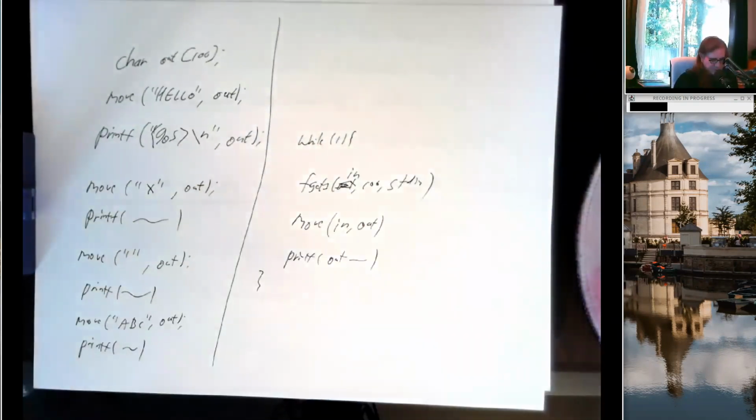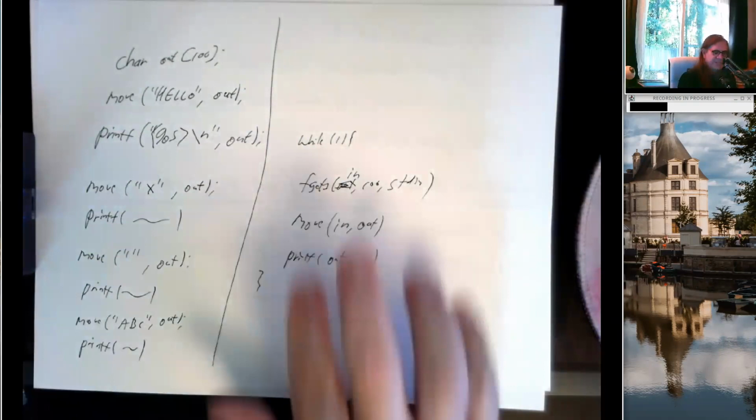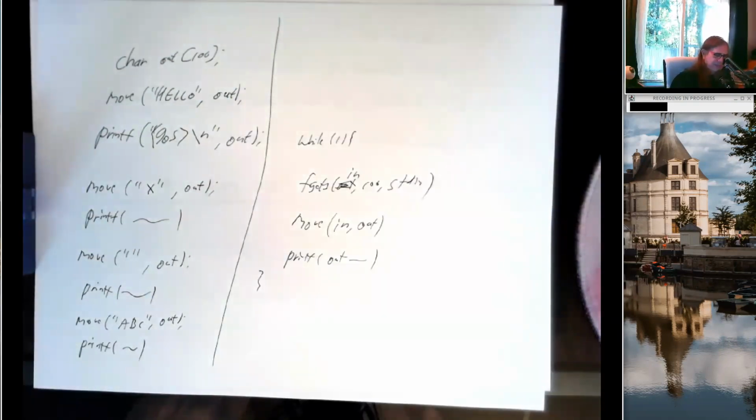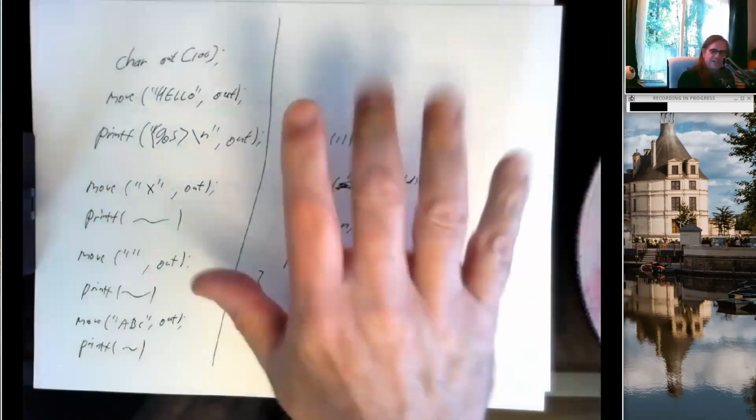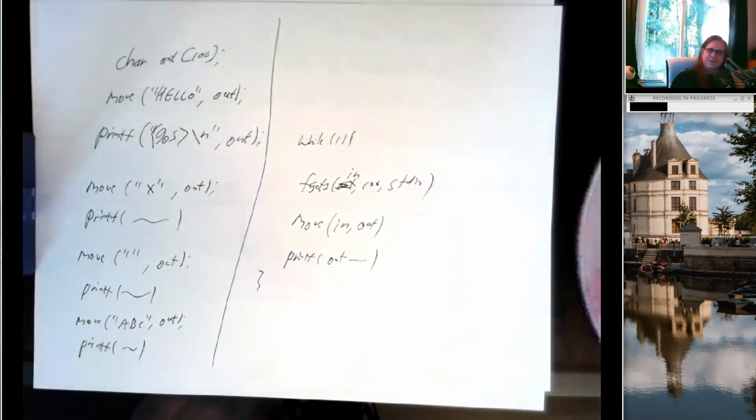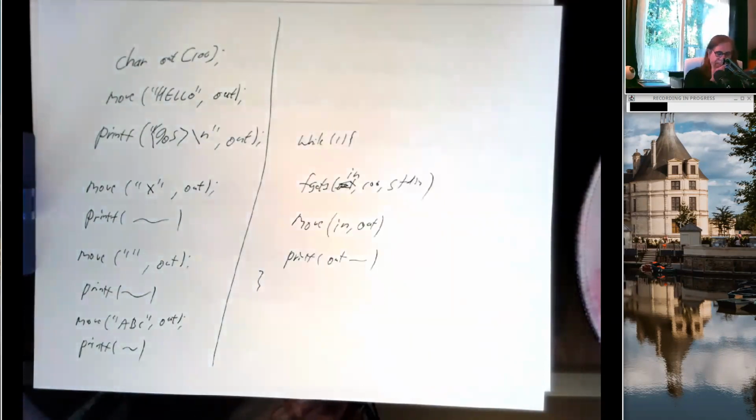And now I have a program that, when I run it, it will let me type in hello, and it should print out the rotated version. And then it'll let me type in ABC, and it'll print out the rotated version and so on.